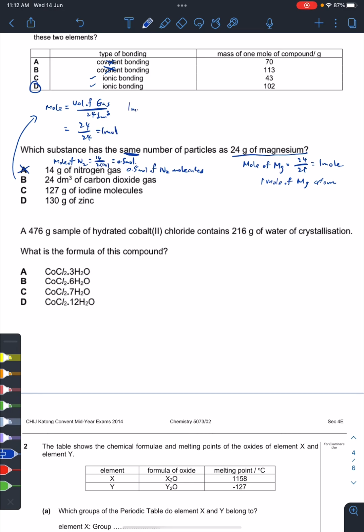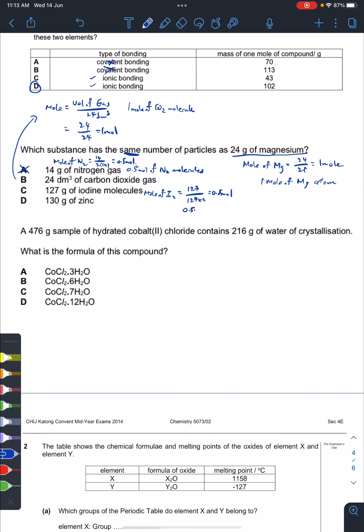So I have 1 mole of CO2 molecule. C, mole of I2, because it's a molecule, 127 over 127 times 2 equals half a mole.